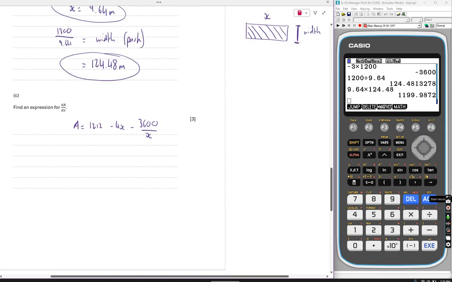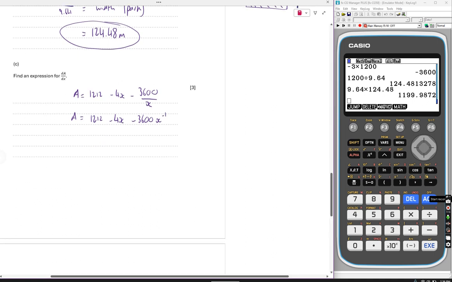I'm still not finding the derivative yet. I just want to rearrange this. So 1212 minus 4x minus 3600 times x to the negative 1.